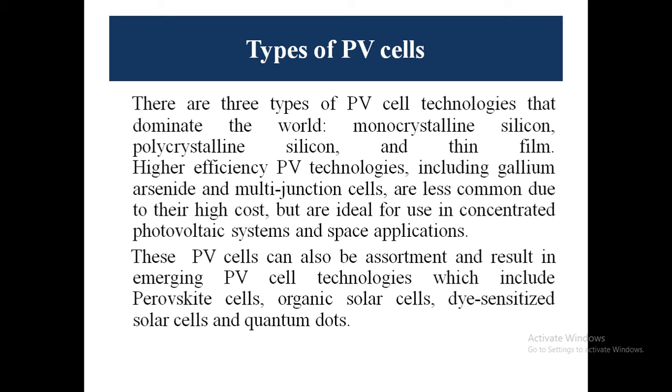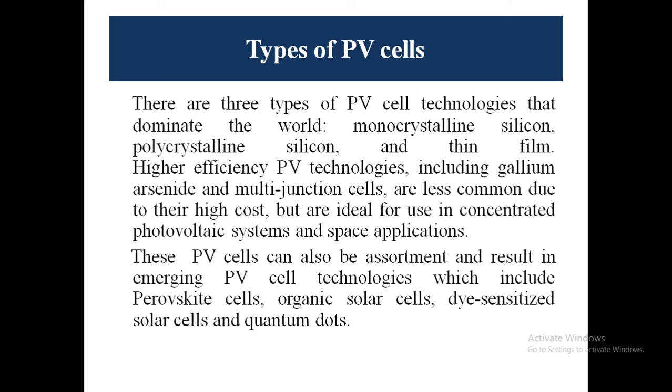So as we move towards higher efficiency, the technology gets improved. In that case, we use gallium arsenide and multi-junction cells. But they are very expensive, and therefore they are used for special applications such as wide commercial applications or space applications. These photovoltaic cells can be assorted, and as a result emerging PV cell technologies are also formed.